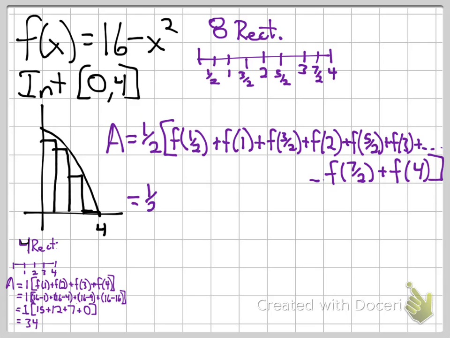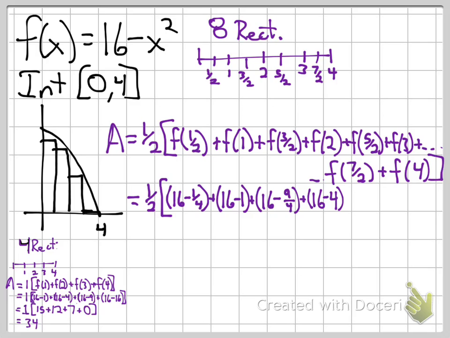So we're going to go 1 half. That's going to be 16 minus 1/4. That's 1 half squared. Plus 16 minus 1, plus 16 minus, for 3 halves squared, that's going to be 9/4, plus 16 minus 4, that's 2 squared, plus 16 minus, this is going to be 5 halves, which is 25 over 4.